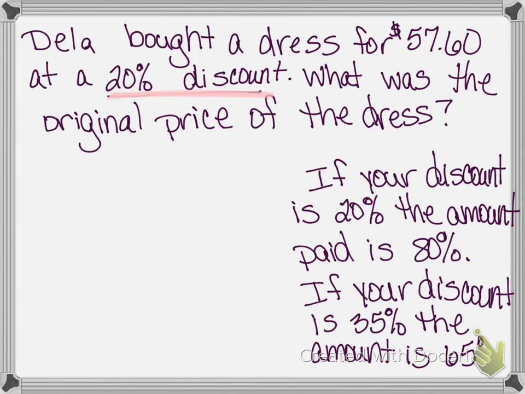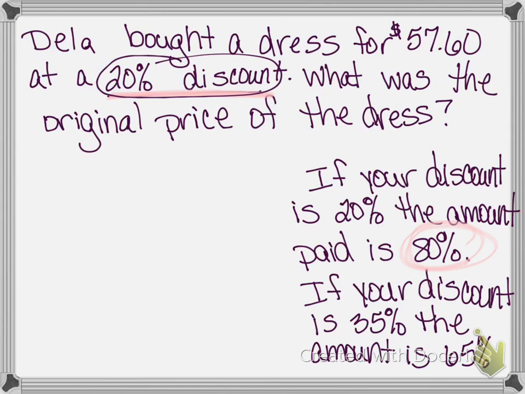So if your discount is 25%, what's your amount paid? 75%. That's the key. That step is getting this problem right or wrong. Being able to go from a 20% discount to paying 80% is the key. Right there. That's the key.